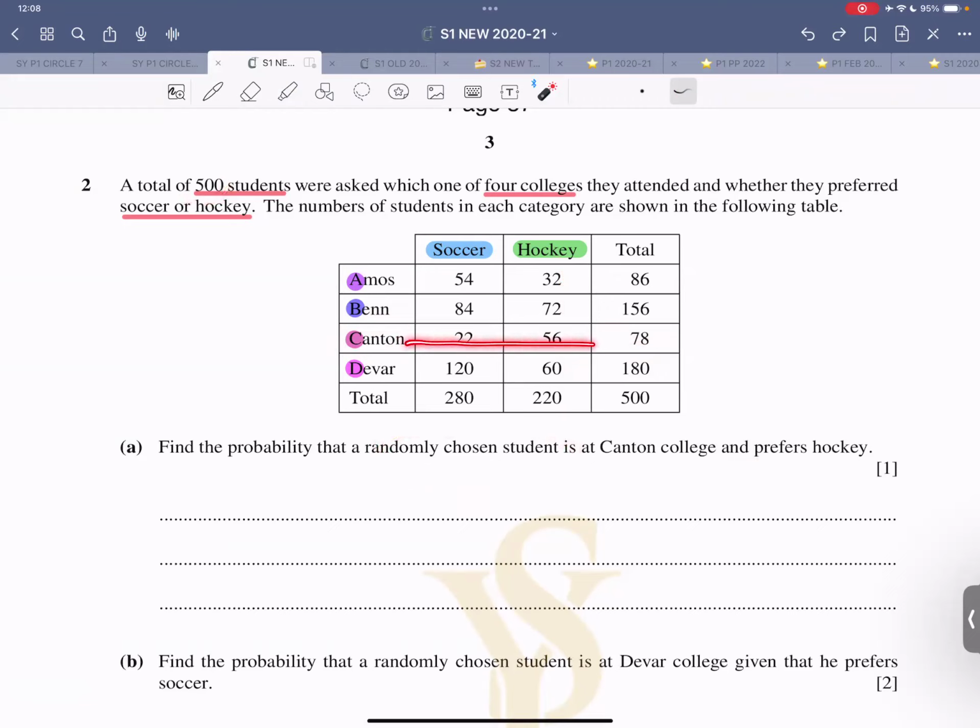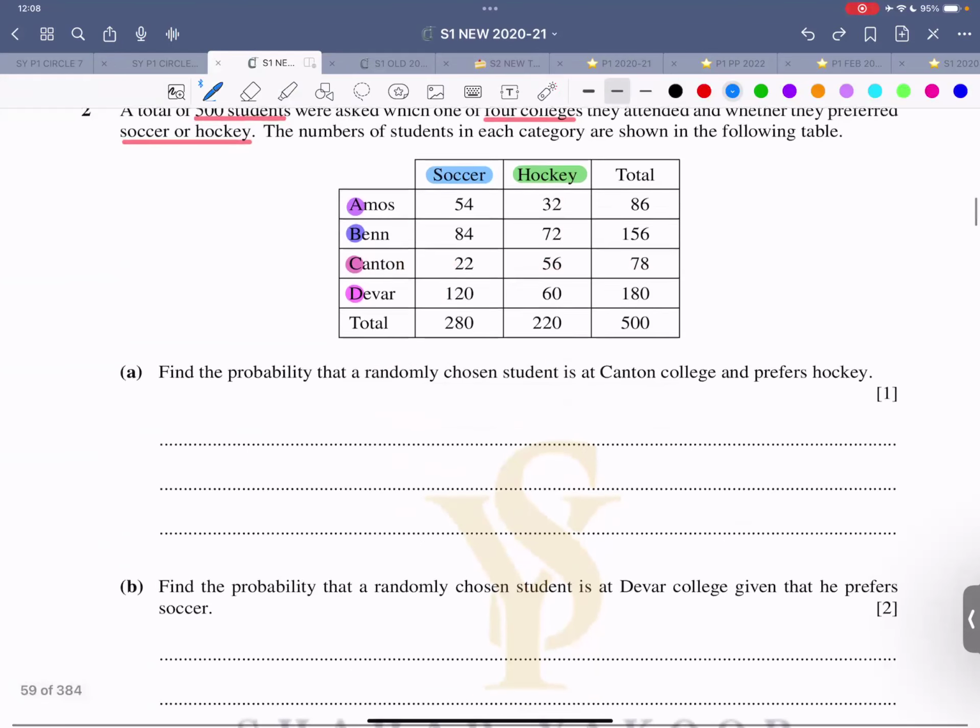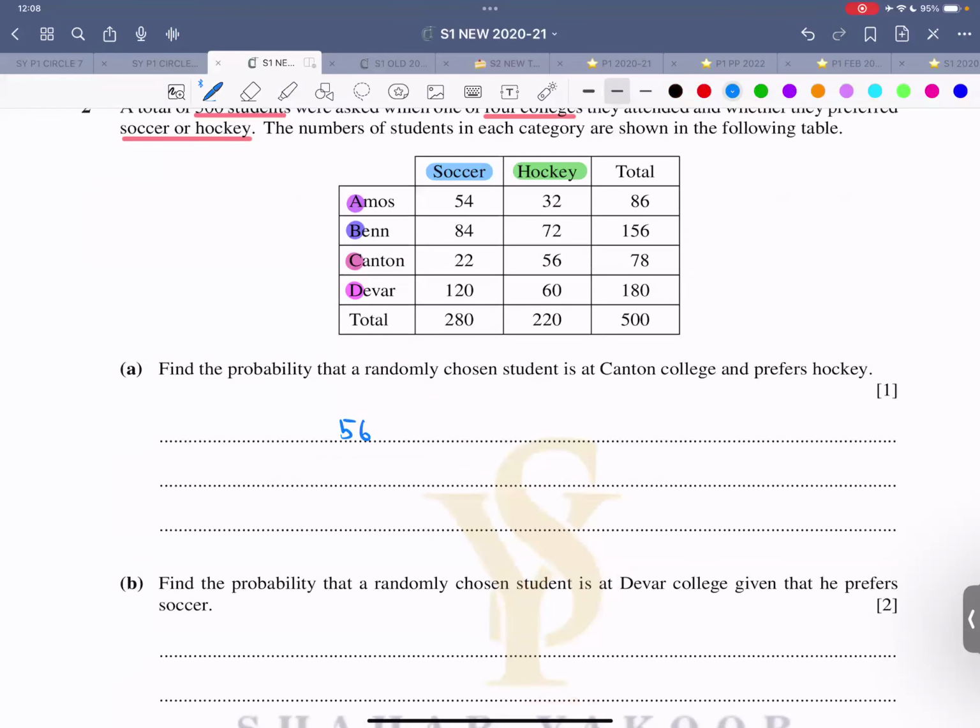So this is Canton, this is hockey, this is 56. So let me write over here, direct answer, that is 56 over 500. And let me also write over here, no rounding off is necessary because the examiner did not say so. All good, all clear? So the first part is all done and dusted.